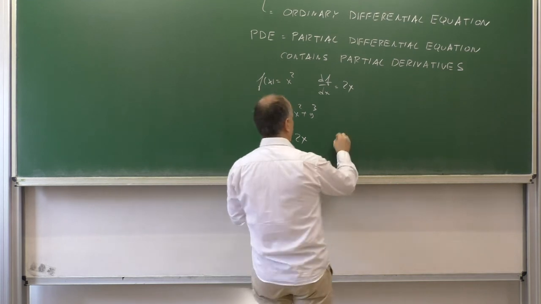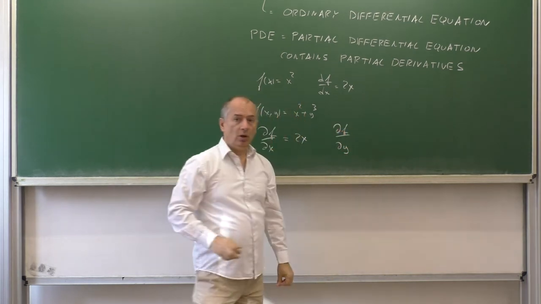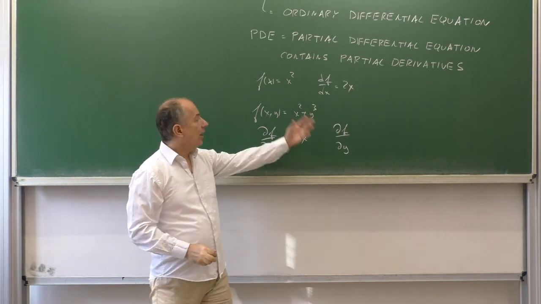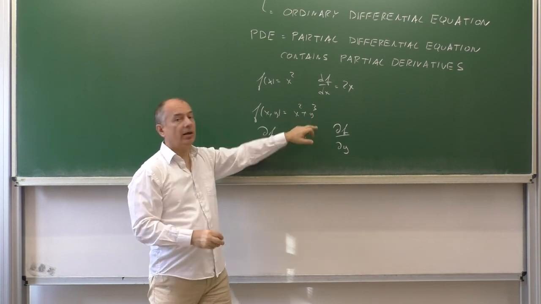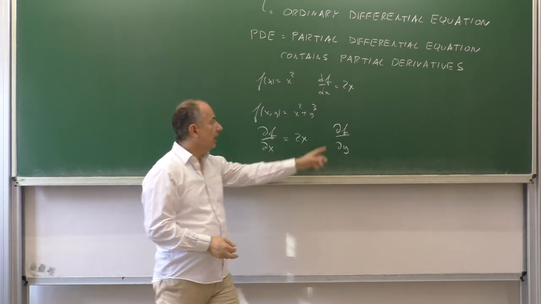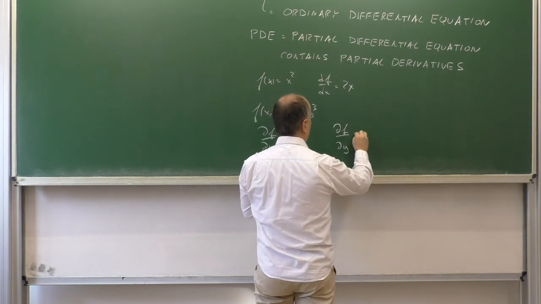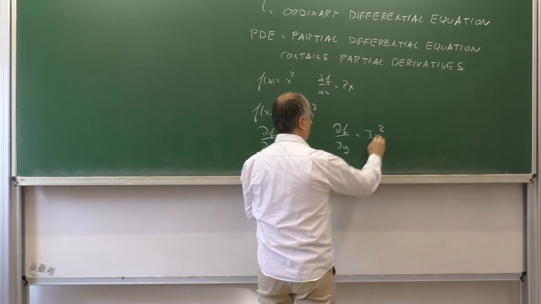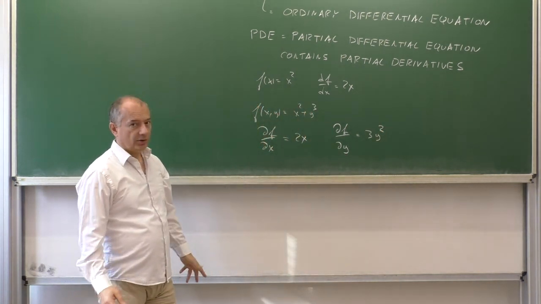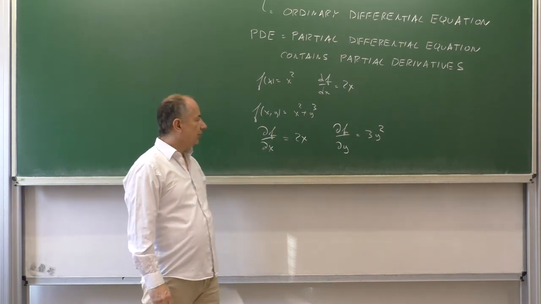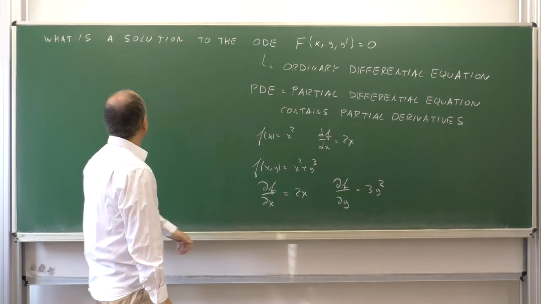Alternatively, we can consider the partial derivative of f with respect to y, where we now consider x to be a constant and y the independent variable, and then the derivative of the constant is 0, and the derivative of y cubed is 3y squared. No rocket science. So this is the partial derivative of a function of two or more variables.